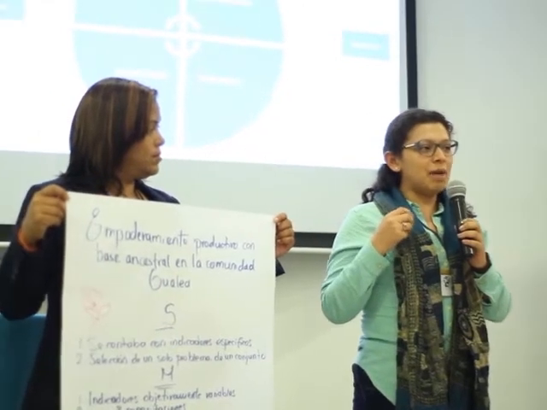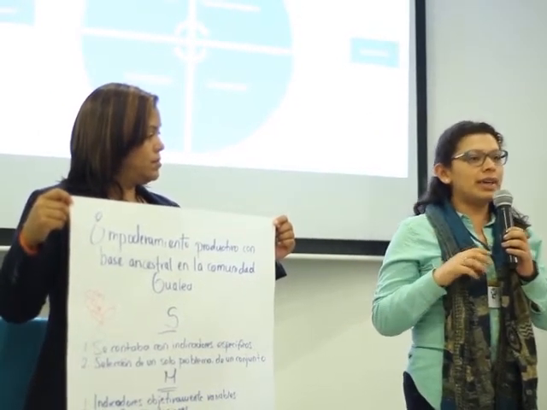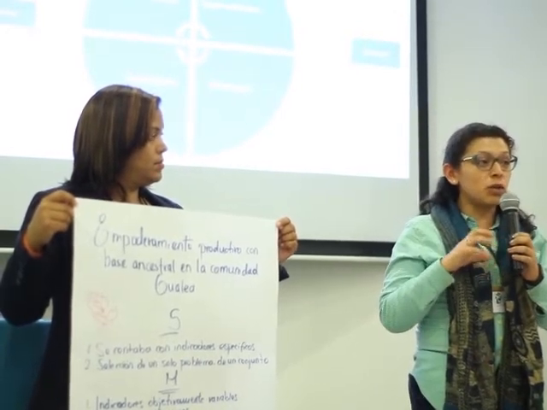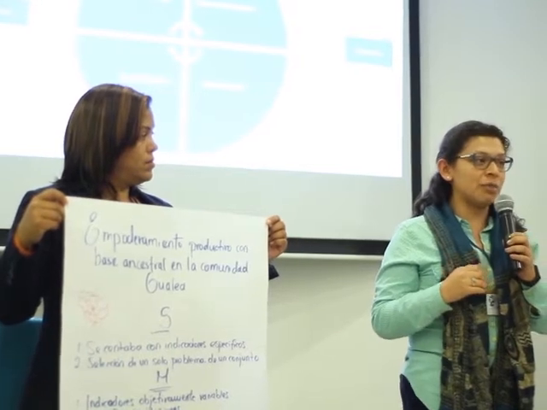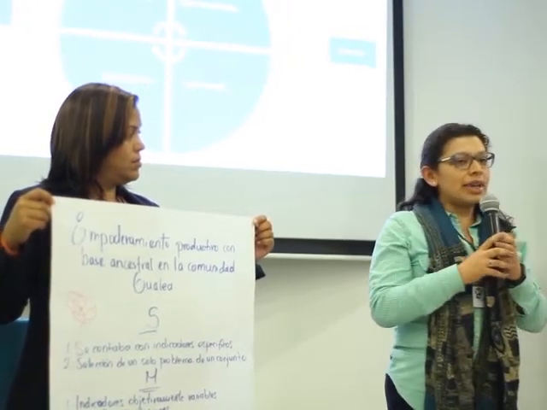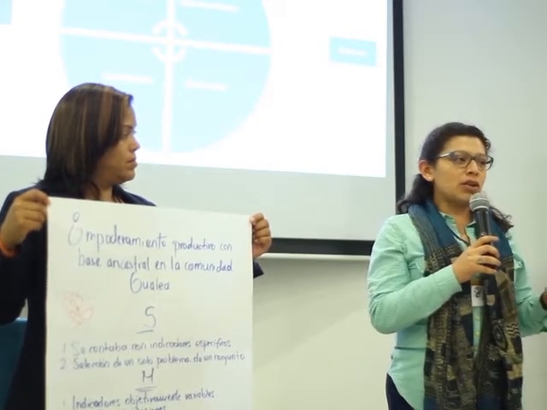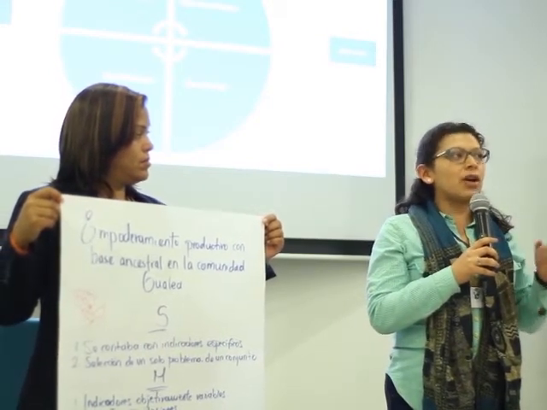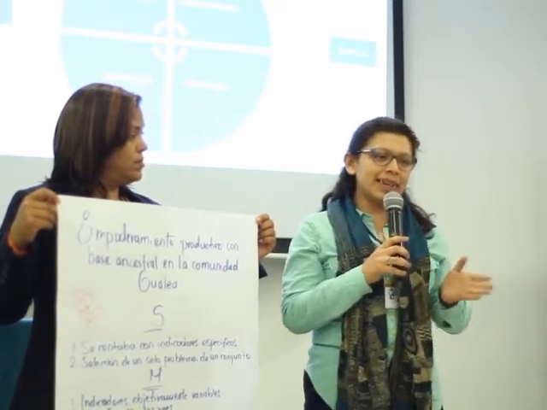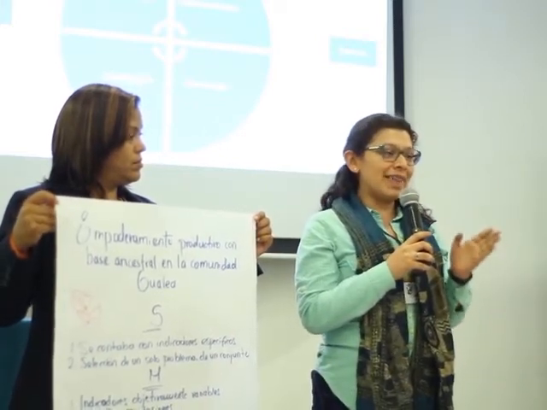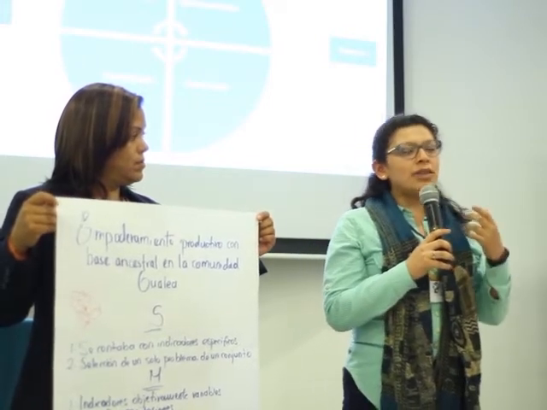But it turns out that we were developing a project for reactivating productive elements, community tourism, under the budget of Sumak Kawsay, which Ecuador was able to carry out in 2008, and said that we could start the solidarity economy.